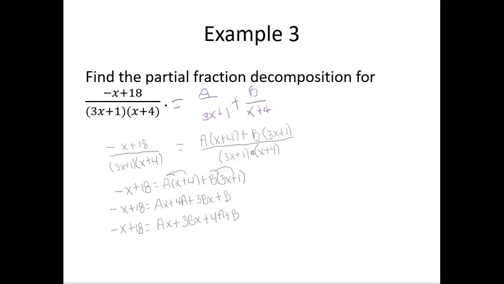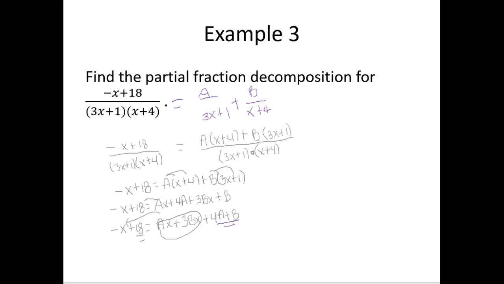Now, in order for these two to be equal to each other, these two terms combined, since they both have an x, have to be equal to this term right here, and then these two terms right here combined are going to have to be equal to this one right here.